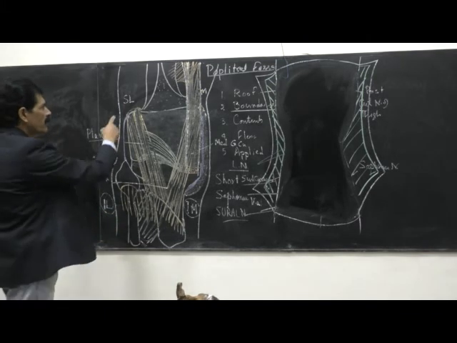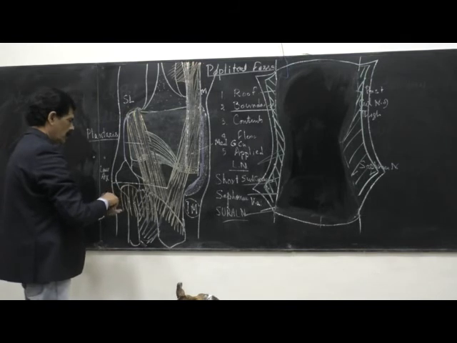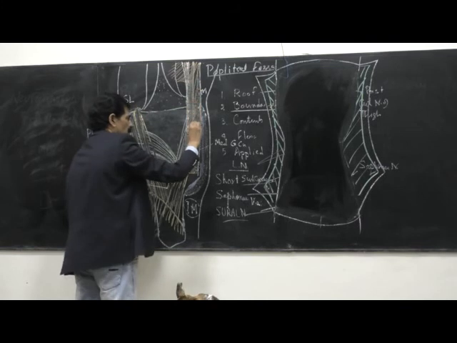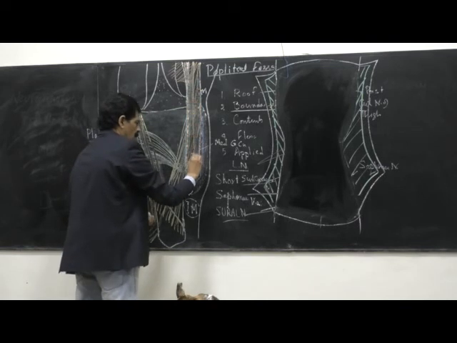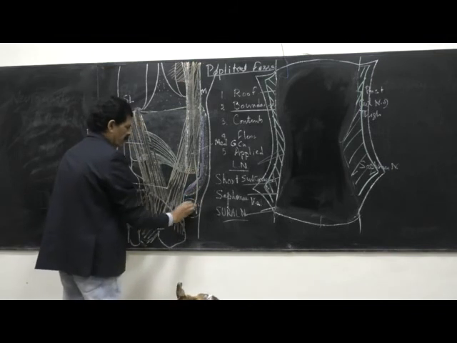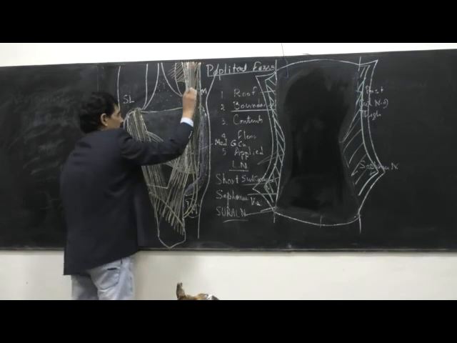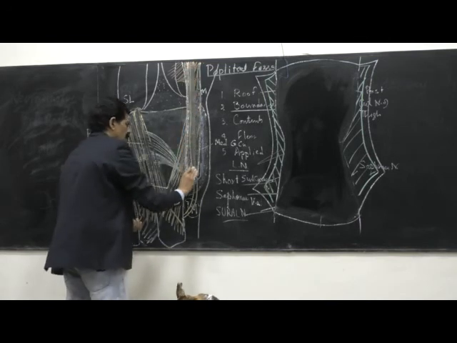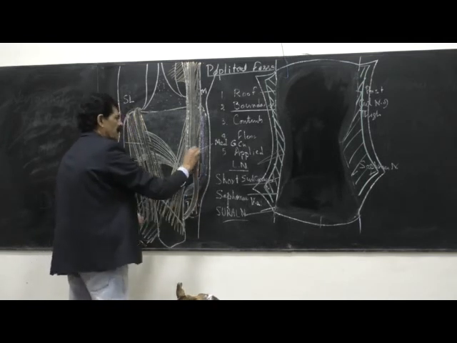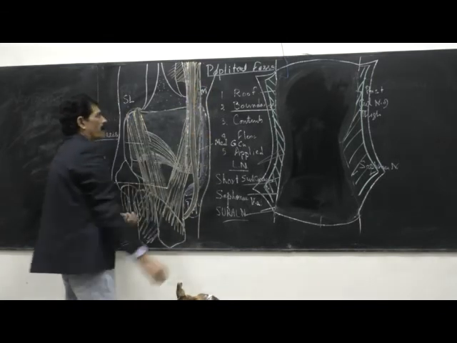With the semimembranosus muscle, another muscle is also descending downward and inserting on the upper medial surface of the shaft of the tibia along with the sartorius and gracilis. That is the semitendinosus muscle. So both semitendinosus and semimembranosus form the superior medial boundary of the popliteal fossa.